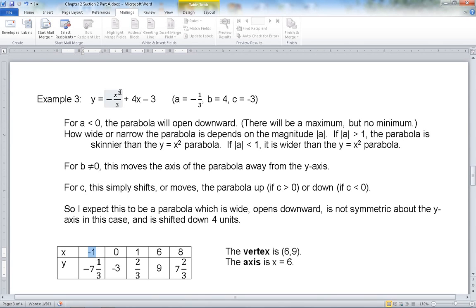I get 6 squared is 36, divided by 3 is 12, so I've got negative 12 plus 4 times 6 is 24. So negative 12 plus 24 is 12, and 12 minus 3 is 9. So 6, 9 is actually going to turn out to be the vertex of this parabola.